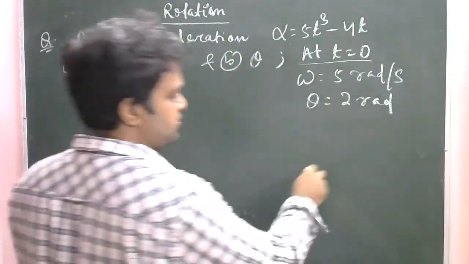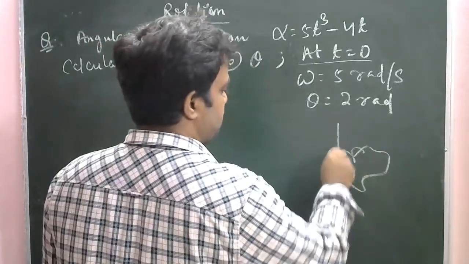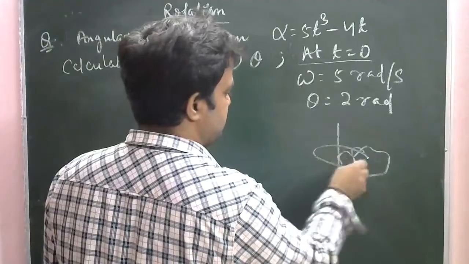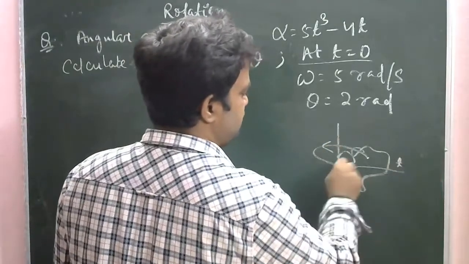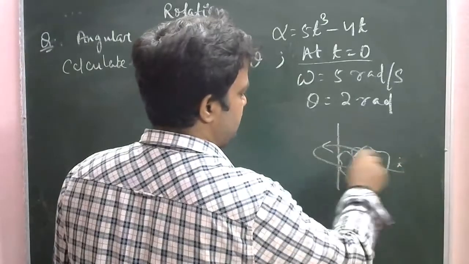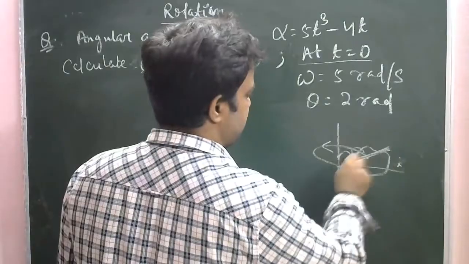That means suppose the object is here, rotating about this axis, and at time t is equal to 0 the object starts from here.